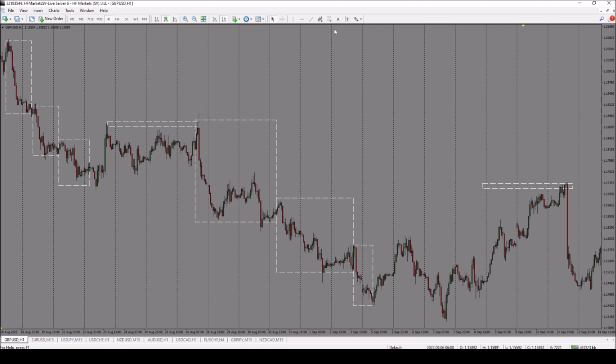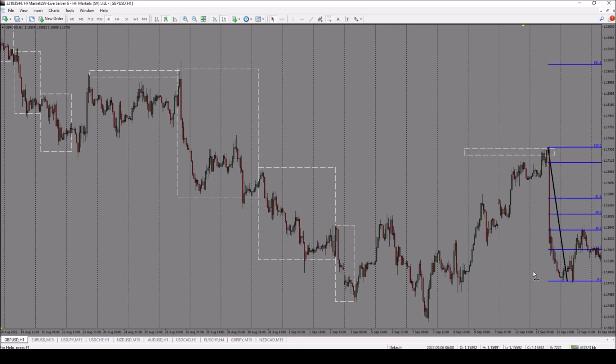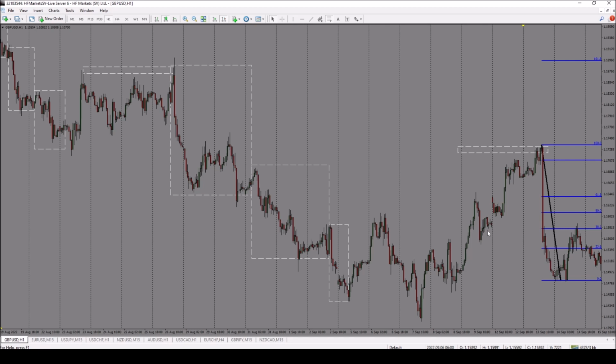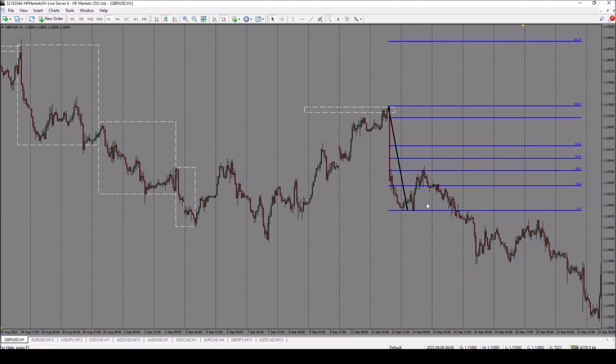The next thing is to pull out our Fib retracement level, the highest point and the lowest point, and wait for price to reject 38.2. We can see that the market actually dropped and then rejected the 38.2 point, and that is where we were going to make our sell, right?